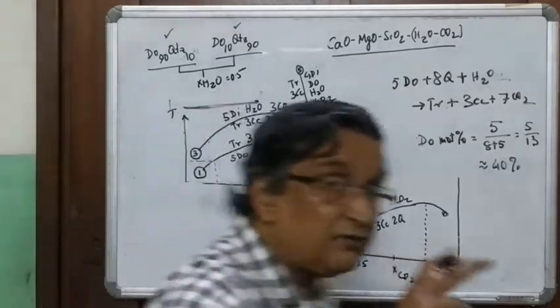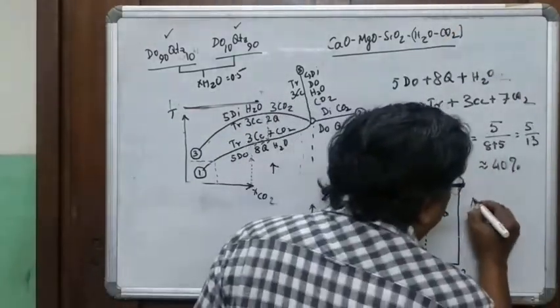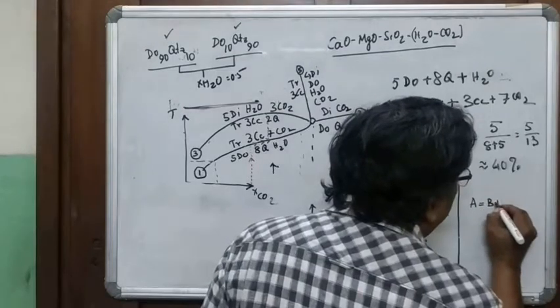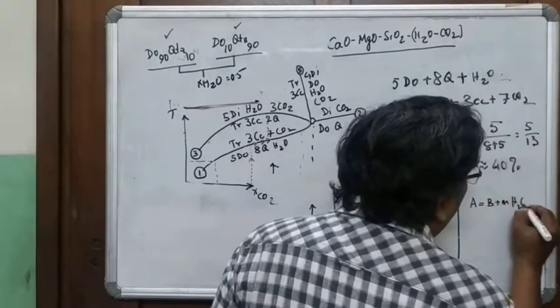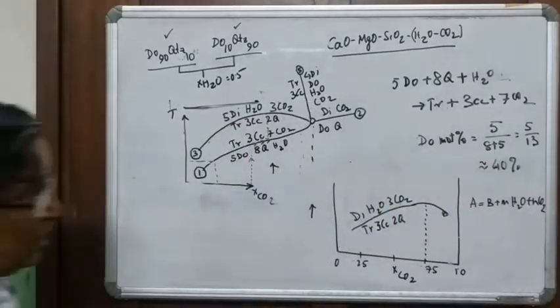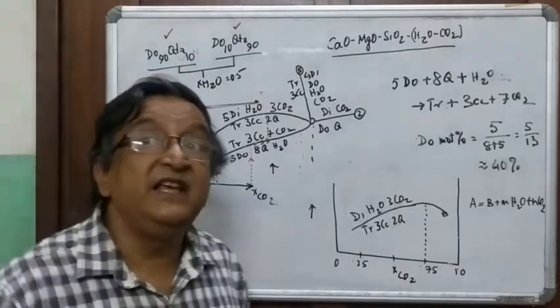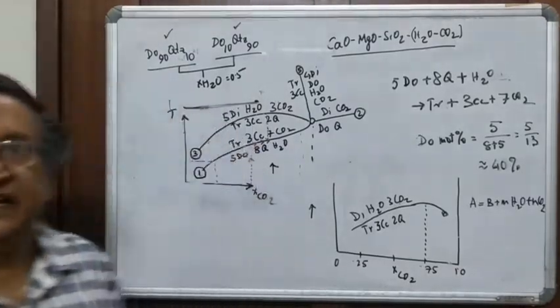This we talked about when we were talking about the topology of reactions, where you have A equal to P plus mH2O plus nCO2. Remember that XH2O to XCO2 will be in the ratio m by n, I showed you? That is exactly the case.